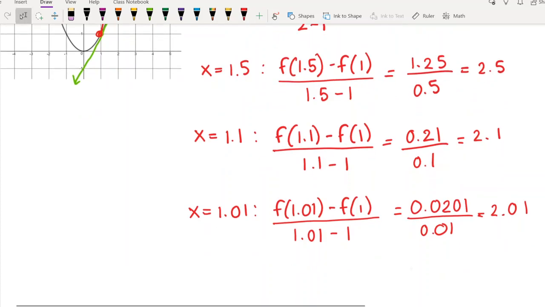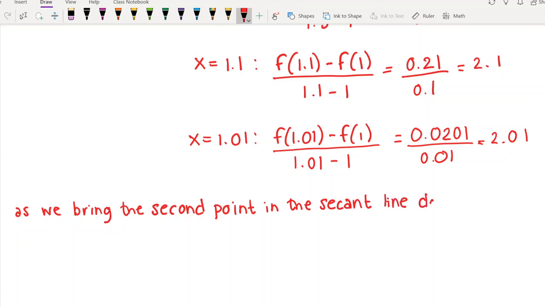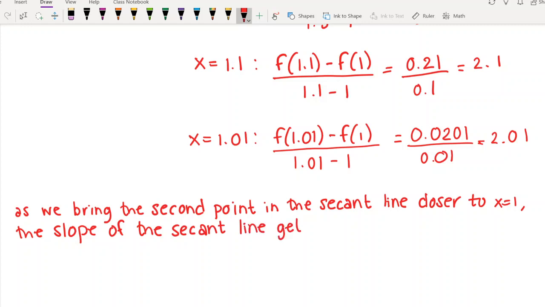So what's happening is that as we bring the second point in the secant line closer to the first point, which is 1, the slope of the secant line gets closer and closer to 2. Right? That's what we're seeing happen with these numbers.